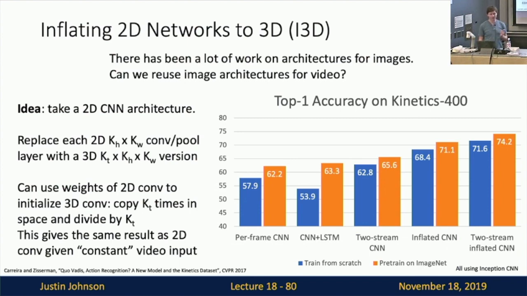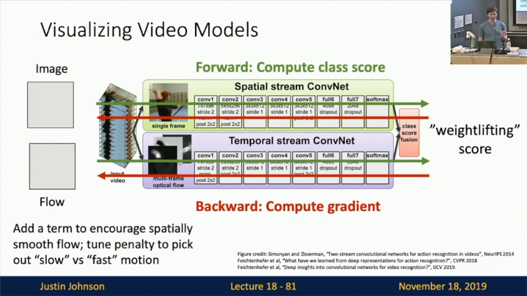Okay, so as a fun aside, now that we've got these two-stream networks that work really well at classifying videos, we might want to know how we can visualize what these video models have learned. And we can use this exact same trick that we've used for visualizing trained models in images.